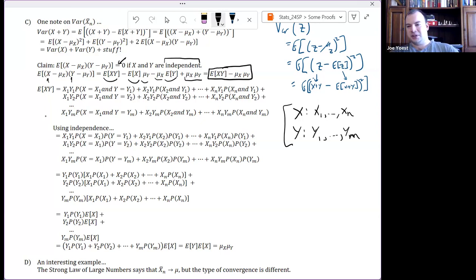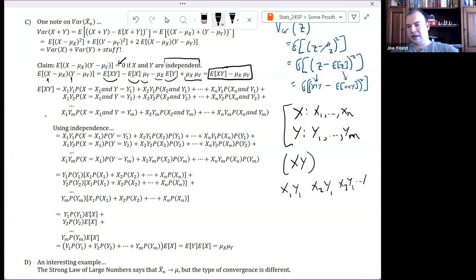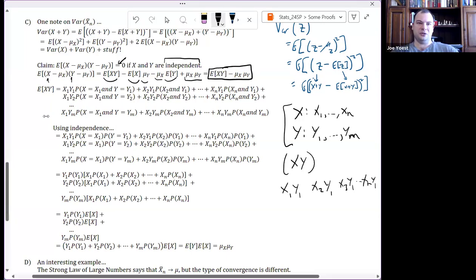So what are my possibilities for x times y, this product? Well, I could have, for instance, x1 times y1, or x2 times y1, or x3 times y1, all the way out to xn times y1. Those are all possible outcomes for this new random variable x times y.